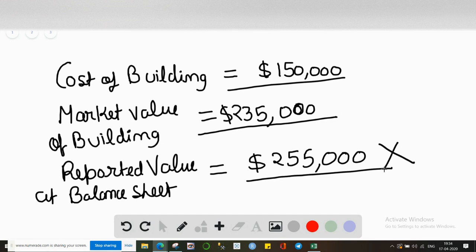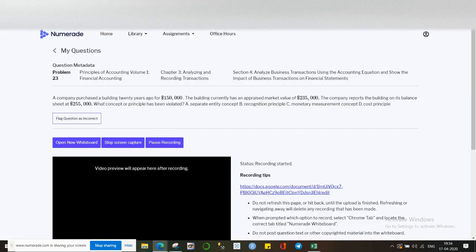So this is wrong. What type of principle has been violated? The cost principle, that the entity has to record its asset at the cost, and at the balance sheet level, if depreciation has been charged, then the entity has to record the net value after deducting the depreciation from this cost. Okay, so what is our correct choice for problem 23?